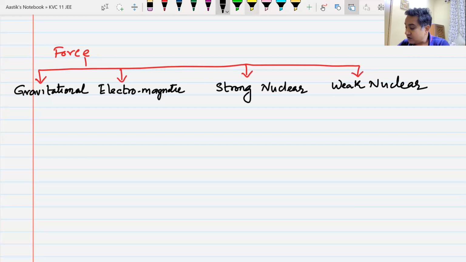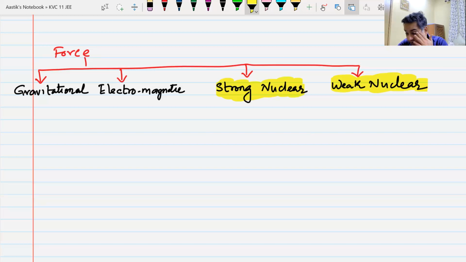Now, the strong nuclear and weak nuclear force is inside the nucleus. When the nucleus breaks or two nuclei come together, or when some sort of decay happens, then this force comes into being. These forces will be discussed in your 12th standard.